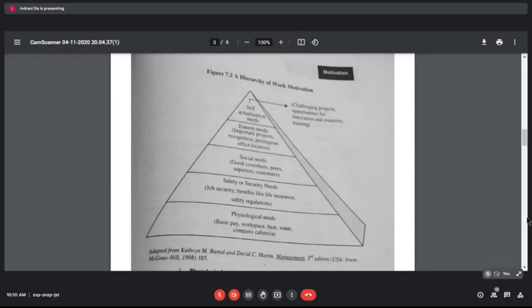So what we find in the hierarchy of work motivation are these certain needs. And according to Maslow, when you have the physiological need, and if the physiological need is fulfilled, then the next need, that is the safety or security need, will work as a motivating factor.